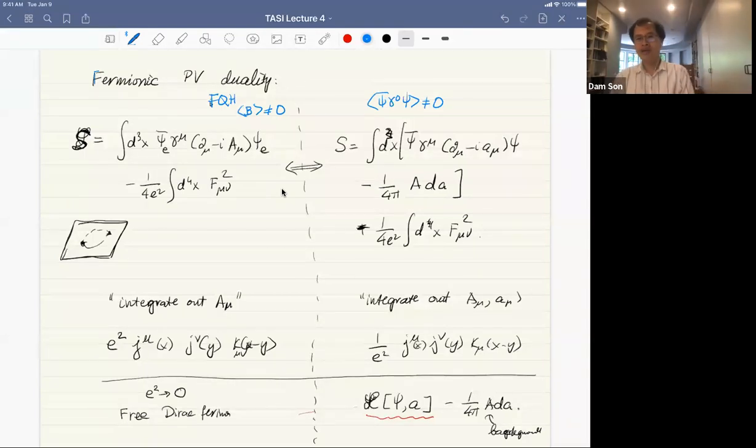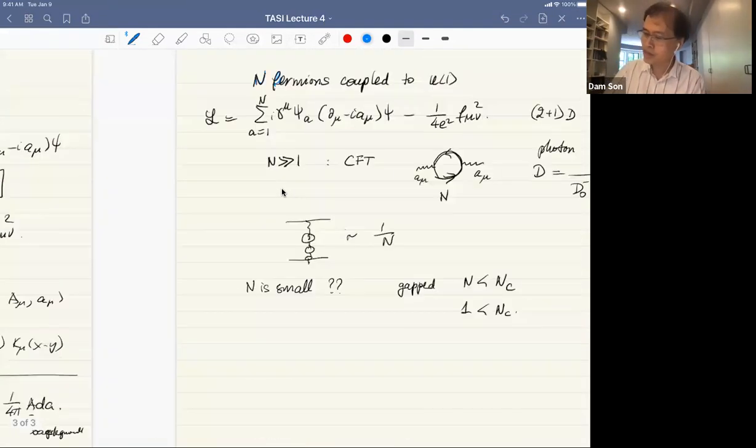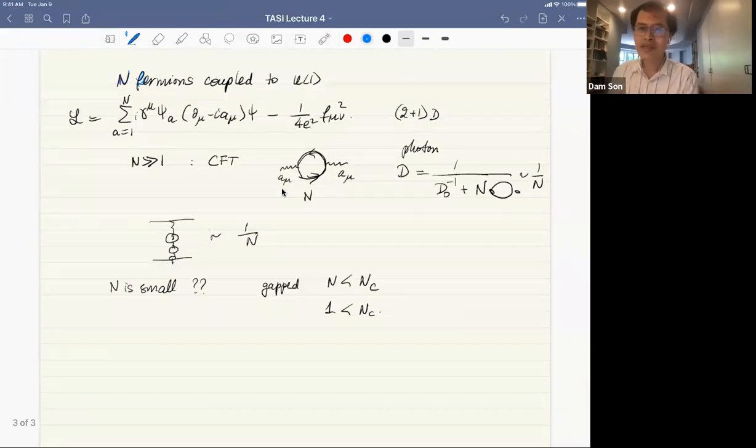On the other hand, the strongest statement of the duality would be valid for zero magnetic field on the left side and zero density on the other side. And that is something that is not completely settled at this moment. I'm agnostic myself about whether that statement is correct.